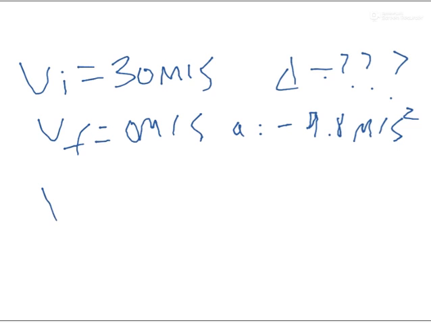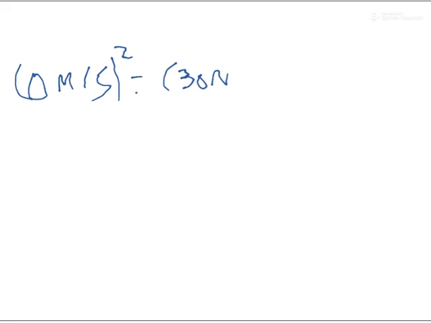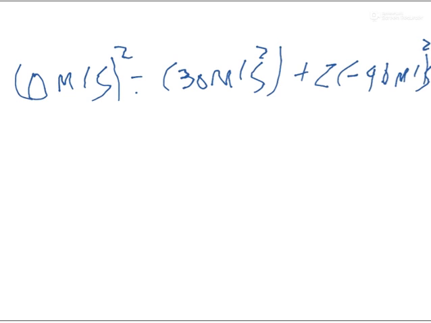So if you're looking through the equations, you would see that you would use Vf squared equals Vi squared plus 2ad. So now, when you solve this equation, we know Vf is 0 meters per second, so 0 meters per second squared equals Vi squared plus 2 times negative 9.8 meters per second squared times d.